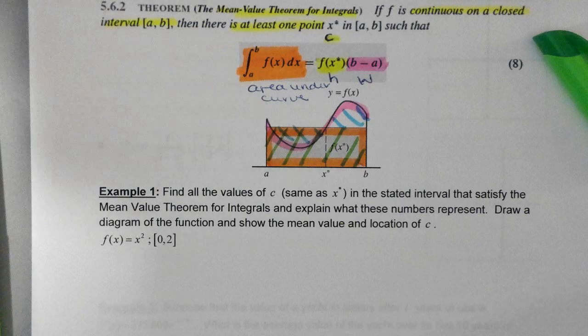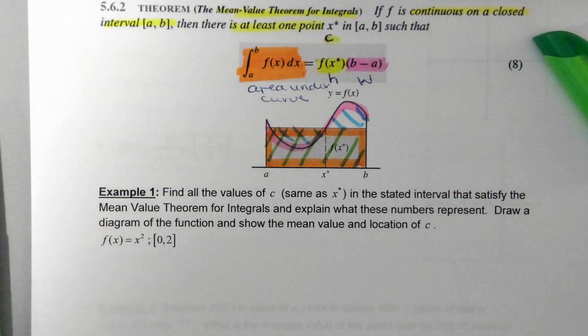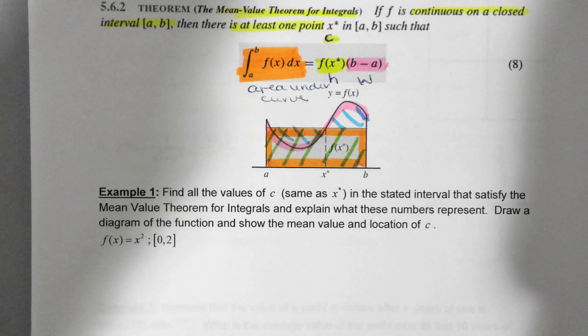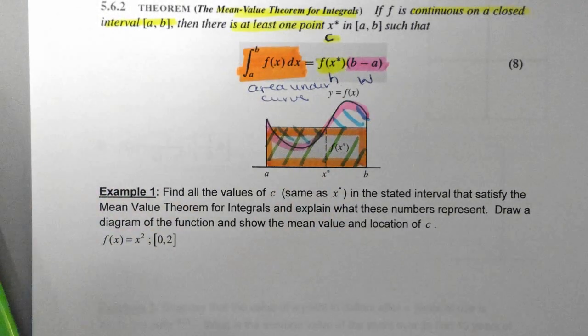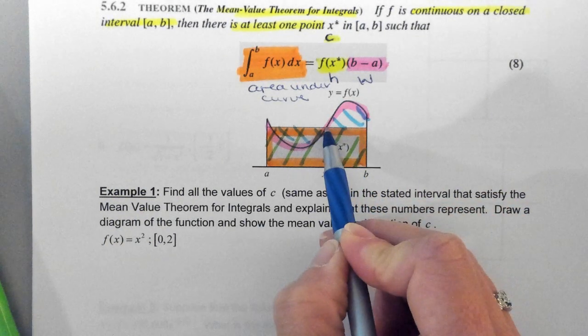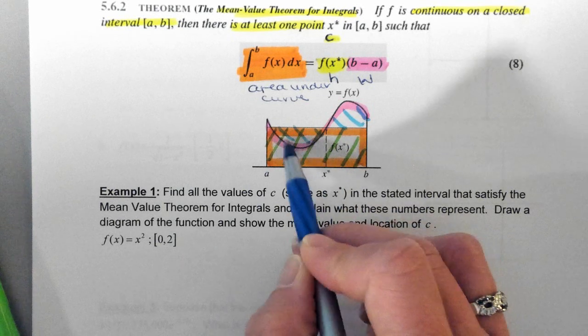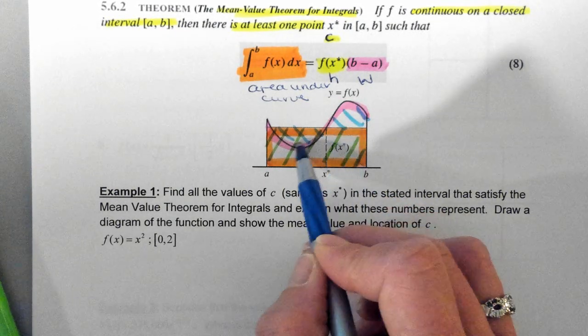Where does that happen? So there could be more than one value of c where you have equal heights below the rectangle and above the rectangle representing the wave or the curve. But a lot of times when we give you a smaller segment from a to b, smaller interval, we're just looking at, is there some value where this gets cut off, saying that this area here below this portion of the rectangle but above the curve, and then here below this curve but above the rectangle would be equal.